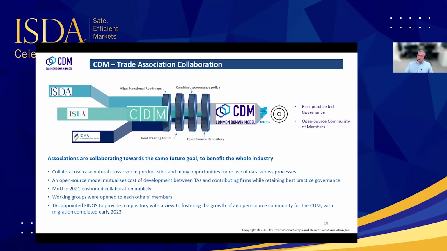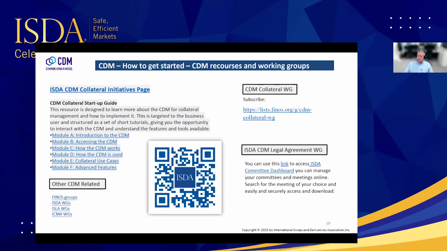So on the final slide, there's quite a lot of information on here, but it's some links to some useful information on the ISDA website, where we have a startup guide that takes you from the very start of the CDM, introducing the CDM, and then building up into the different use cases and how to access and use the CDM, how it works, etc. That QR code takes you to the page on the website where that exists, and there's also links to other working groups, the FINOS working groups, the ISDA working groups, and so on.